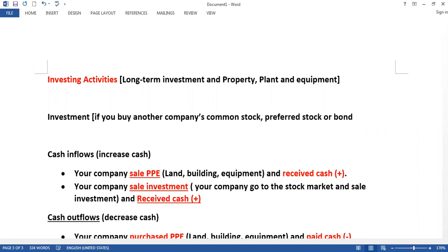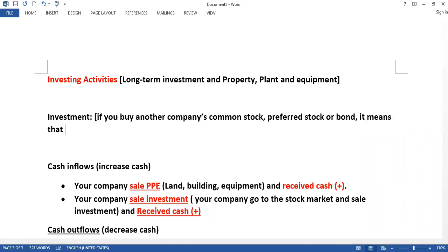So if you buy another company's common stock, preferred stock, or bond, it means that you are investing your money to another company.